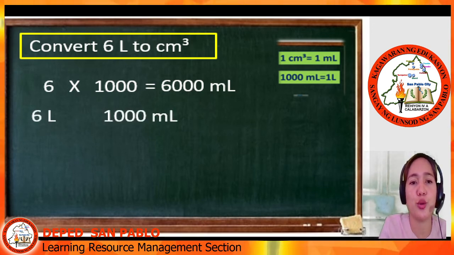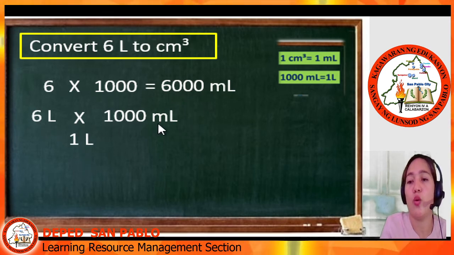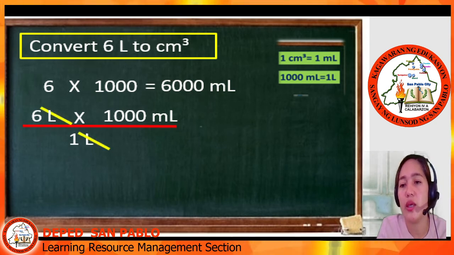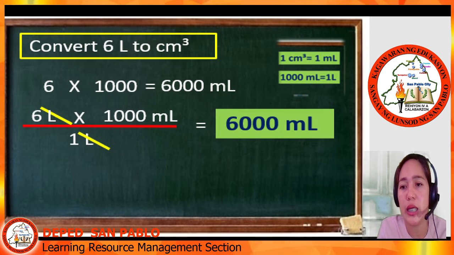Let us show you the computation. 6 liters times 1,000 milliliters over 1 liter. This is the conversion of liters to milliliters. So we have 6 times 1,000 over 1 liter. We can cancel again the same unit, which is the liter. And then we will have 6,000 milliliters, because 6,000 milliliters divided by 1 is still 6,000 milliliters.